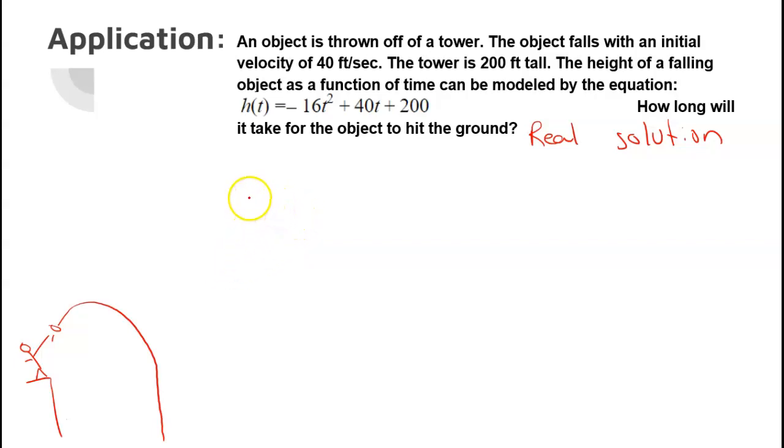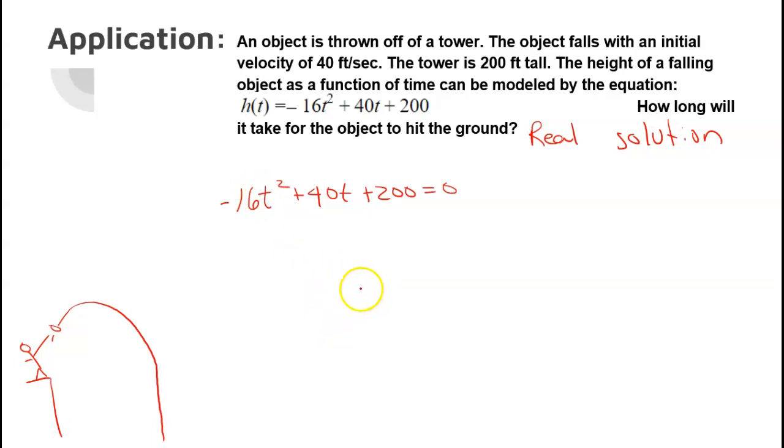So we're going to take our formula, which is -16t squared plus 40t plus 200, and we're going to solve for 0, because we want to know when our height is 0. How long is it going to take for our height to reach 0?